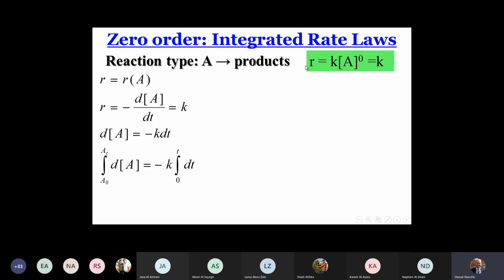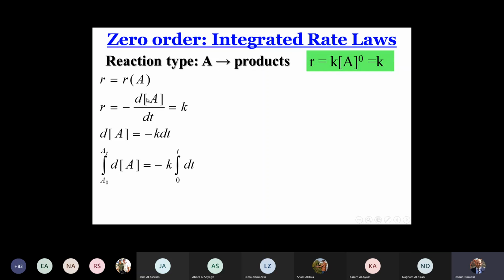And how to deduce R from RA? According to the stoichiometry, RA divided by 1 is equal to R, and RA is equal to minus d[A] divided by dt. So this expression R equals k can be written RA equals k. So R equals minus d[A] divided by dt, which is RA equals k.